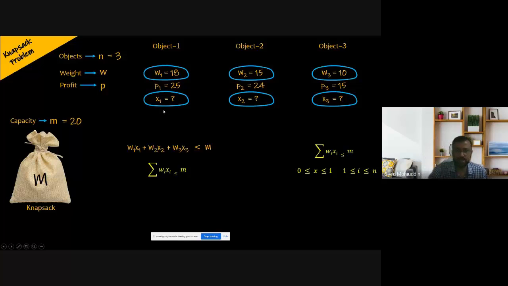We take fraction x1 of weight W1, fraction x2 of weight W2, fraction x3 of weight W3. So we don't fill with the whole weight. We fill the knapsack with some fraction of the weights to earn maximum profit. Now what does fraction mean? Part. So instead of taking 18 kgs, we can just fill that with 10 kgs also. And instead of taking the whole 15 kgs of object 2, we can fill it with 5 kgs also.